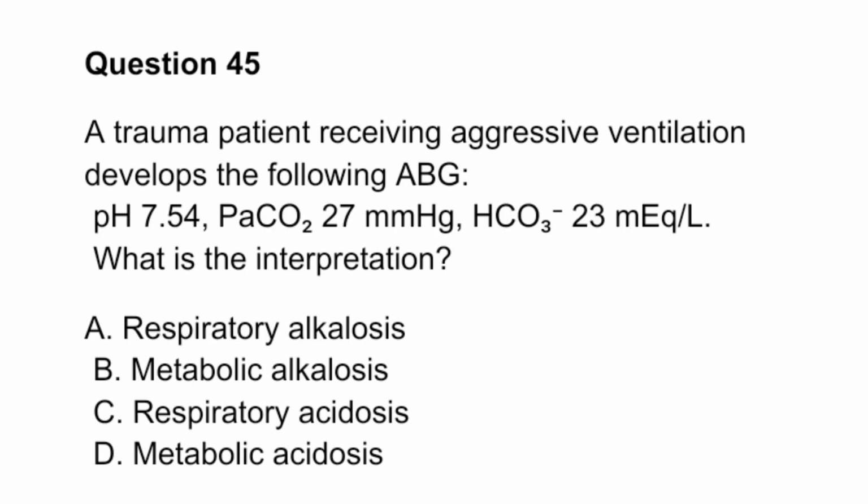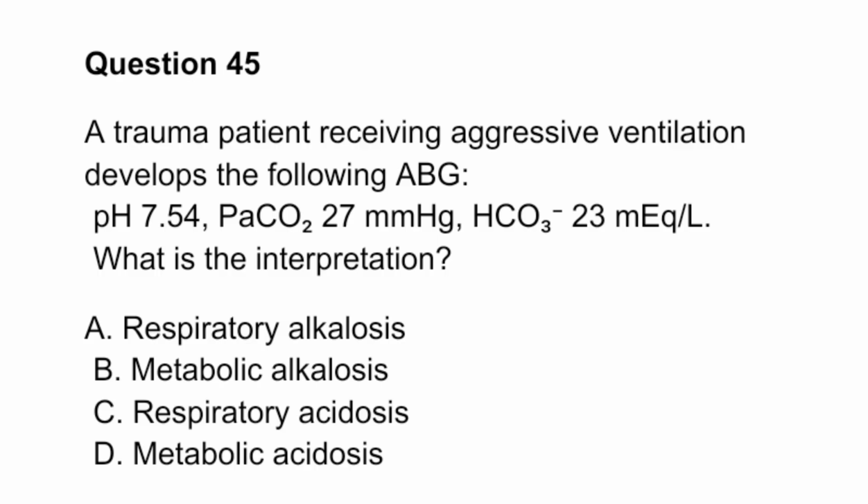Question 45. A trauma patient receiving aggressive ventilation develops the following ABG: pH 7.54, PaCO2 27 mm mercury, HCO3- 23 milliequivalents. What is the interpretation? A. Respiratory alkalosis. B. Metabolic alkalosis.